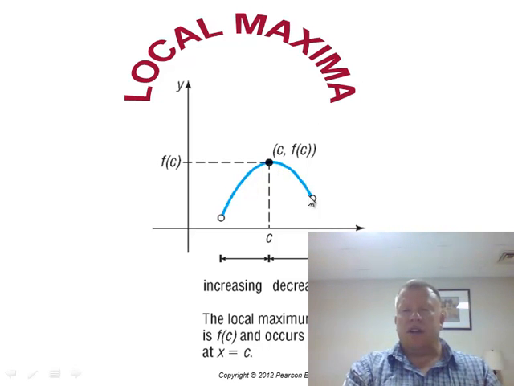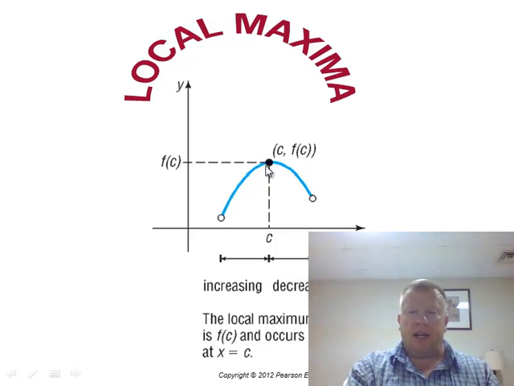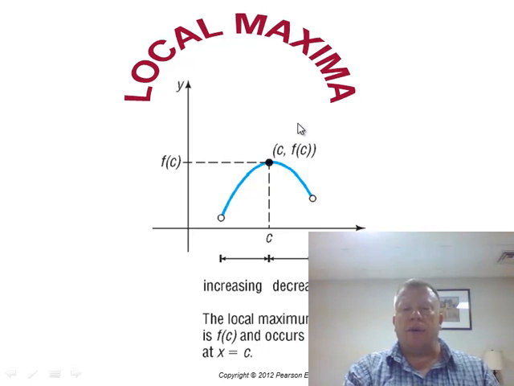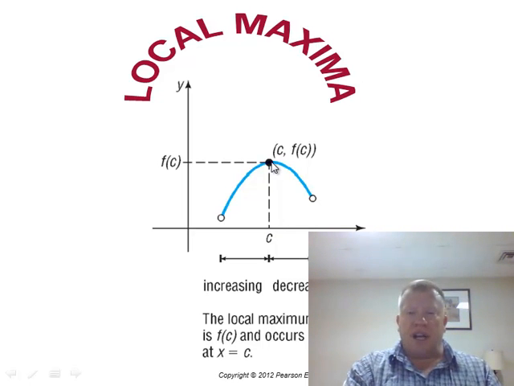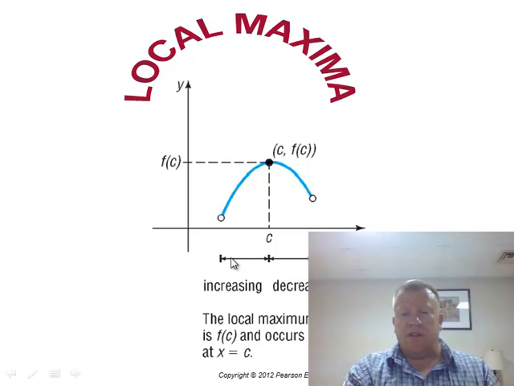So, of course, you could tell from the graph, it's easy to find the top of the hill, so to speak, right? But mathematically, we say that your function has a maximum value at x equals c, and that maximum value is whatever f of c is. And also notice to the left of c, your function is increasing in value until it tops out.